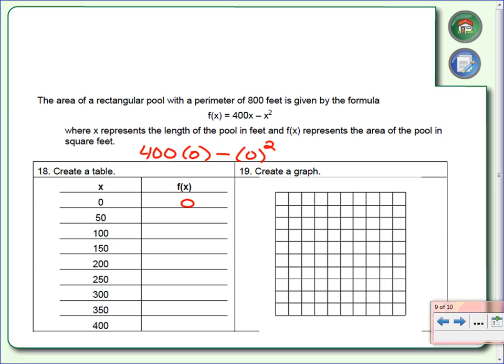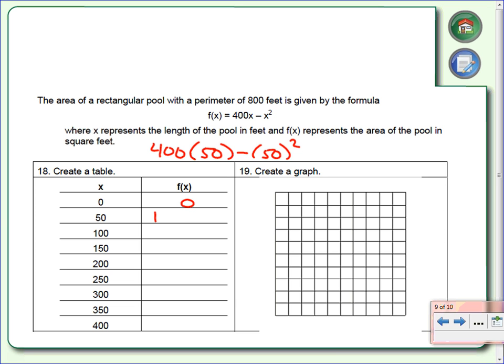We're going to do that again, but instead of using a 0, this time we're going to use a 50. Put it in your calculator. Let's see what number we get. 17,500.